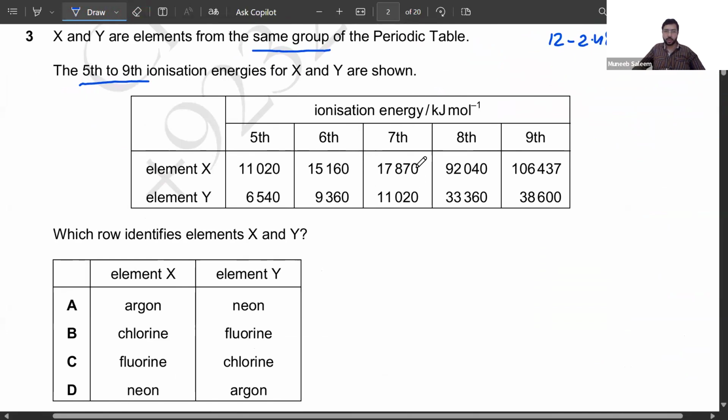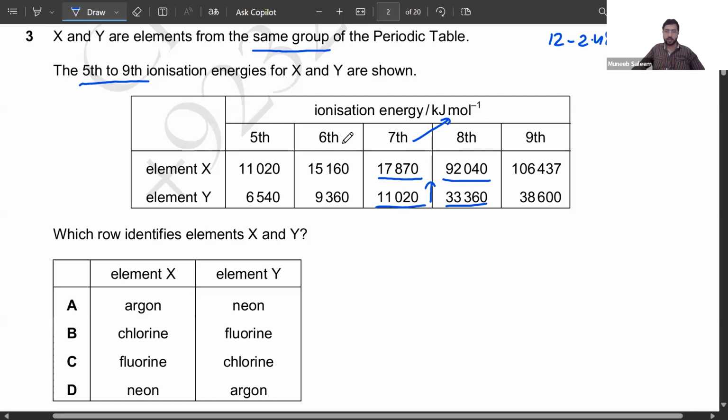For element X there is a large jump from 17,000 to 92,000, so it's a huge jump. For element Y, we can similarly see that the ionization energy jumps from 11,000 to 33,000. So again, there's a large jump.